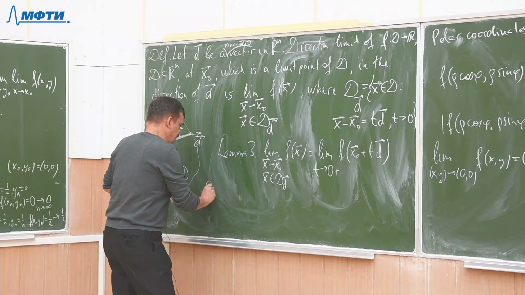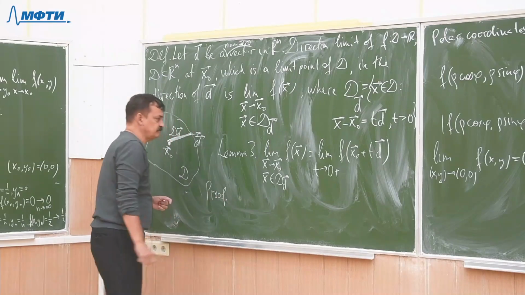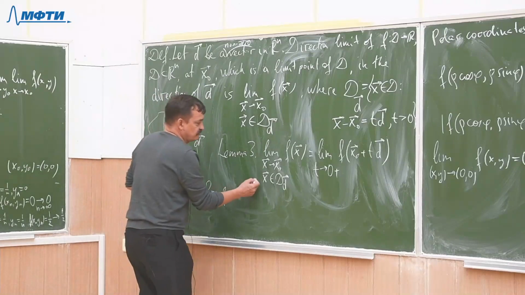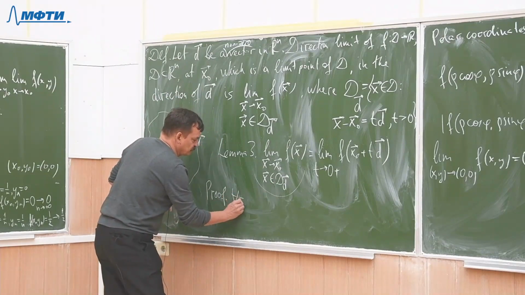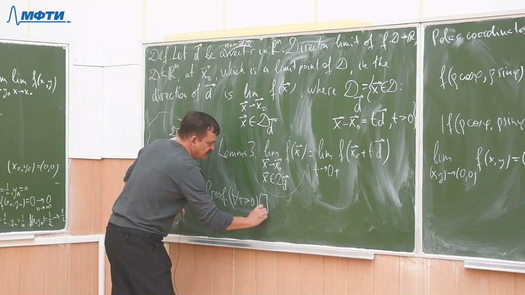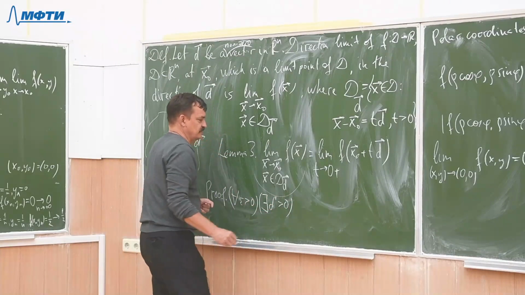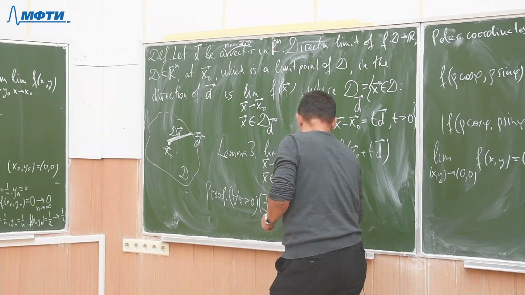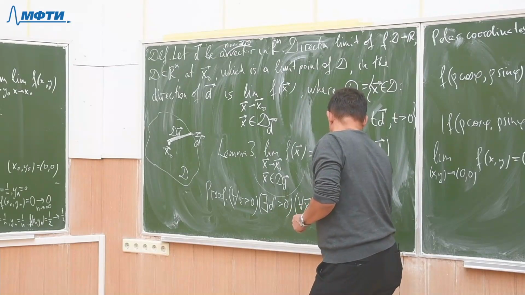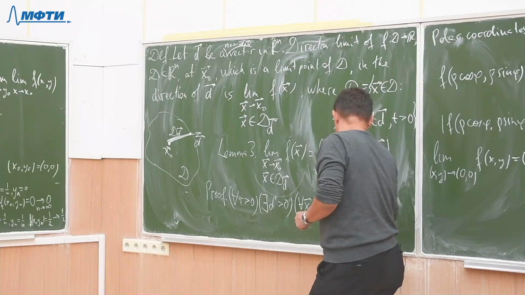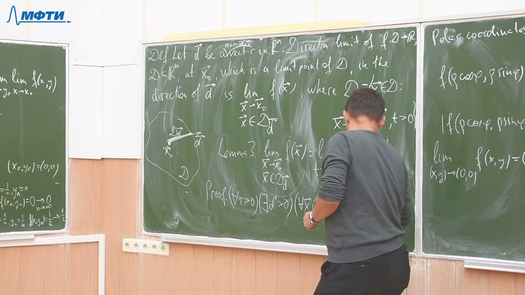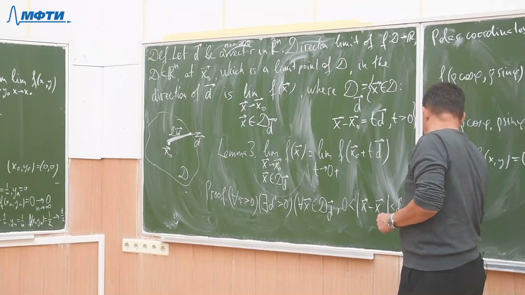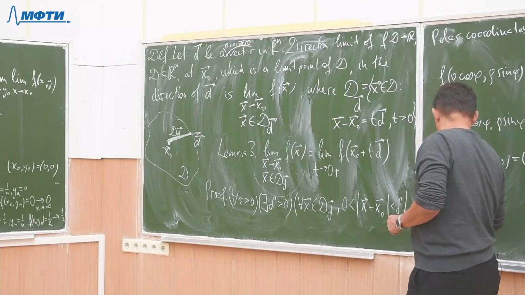Proof of this lemma is immediate. Because we write what that means. For arbitrary epsilon greater than 0, there exists delta greater than 0, such that for all x in D with the following inequality, the length less than delta, we have the inequality |f(x) minus L| less than epsilon, where L is the limit.